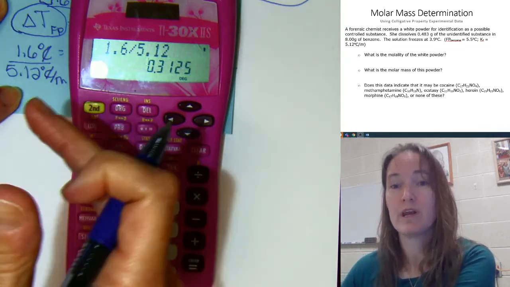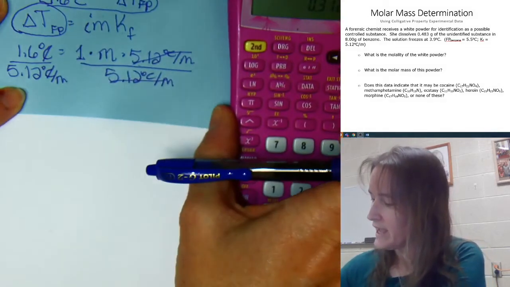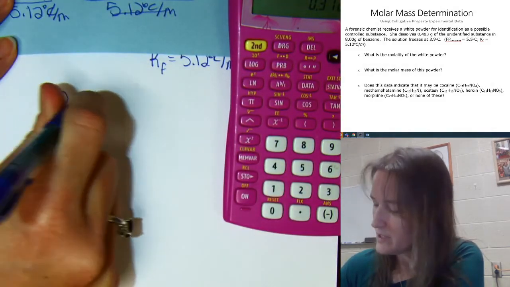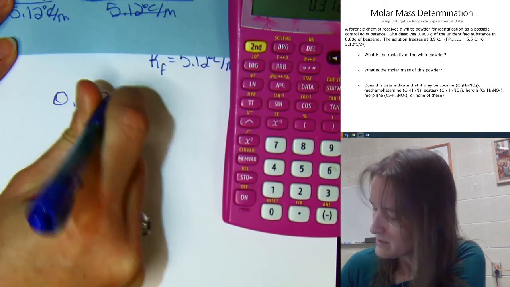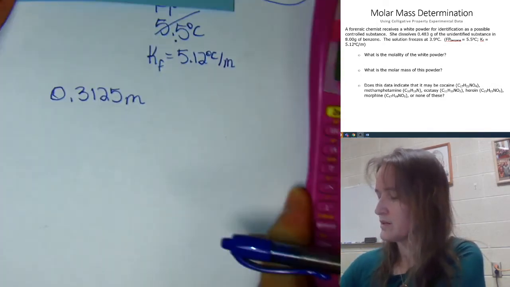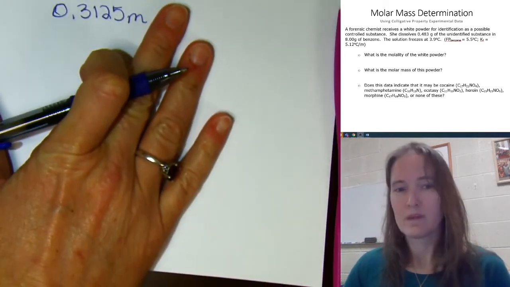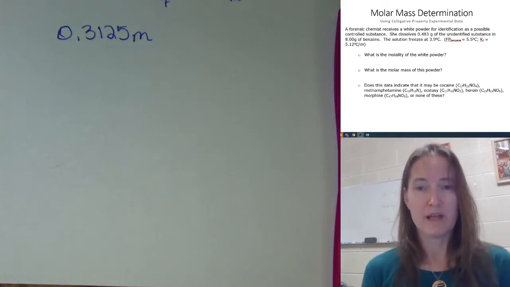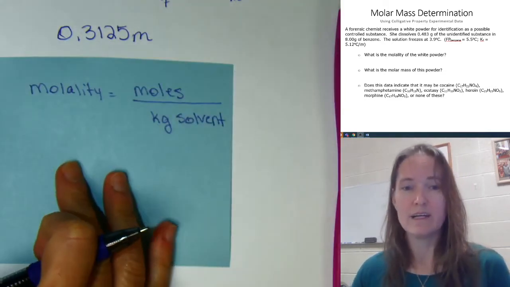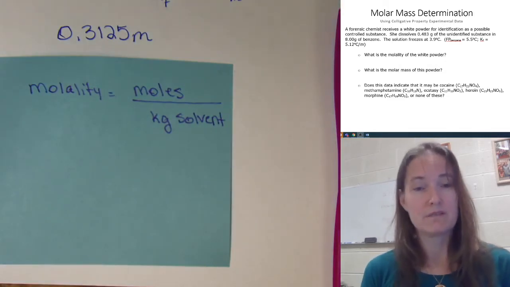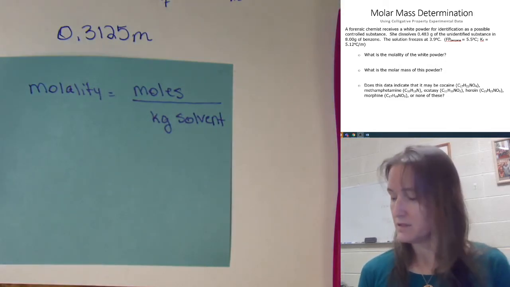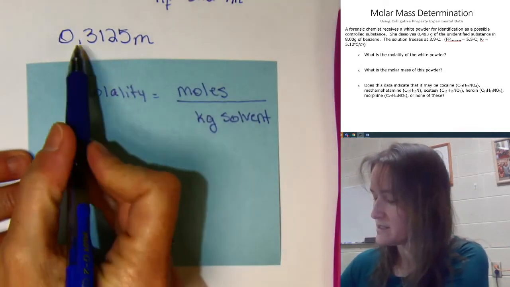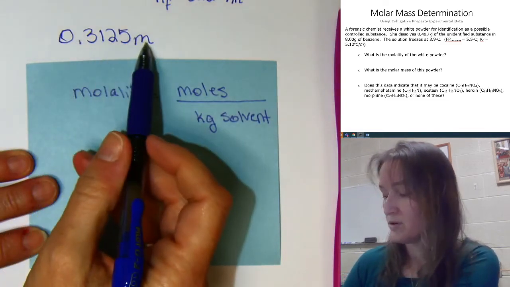We're trying to get to another answer using this number. And so we find out that the molality is 0.3125 for our concentration of that unknown substance. So what does this molality tell us? Well, molality is the moles of substance divided by the kilograms of the solvent. So for our substance, our molality is this 0.3125 molal.